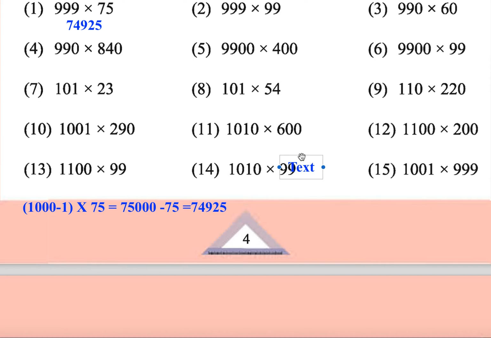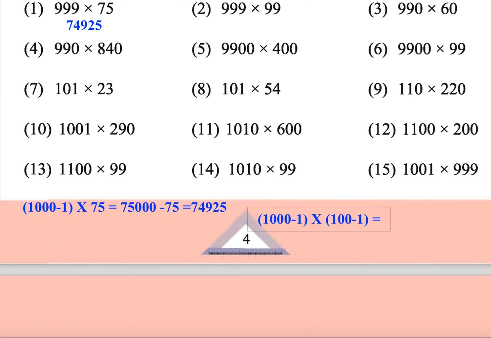A little bit interesting. 1000 minus 1 into 100 minus 1.